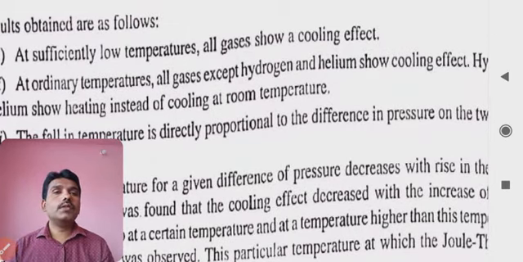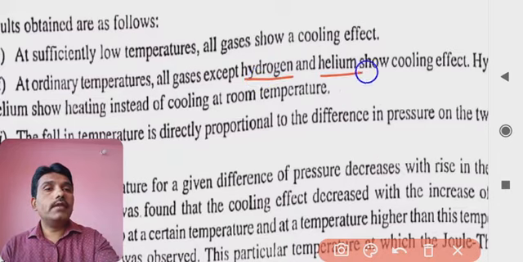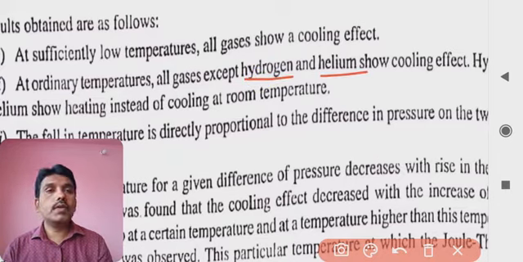At low temperature all the gases show the cooling effect. But at ordinary temperature, all gases except, sorry, hydrogen and helium, except these two gases, all the gases show the cooling effect.